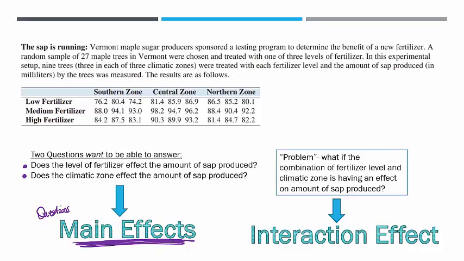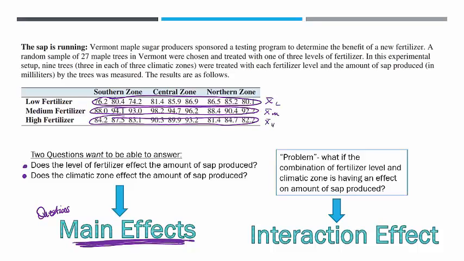And we're looking for the equality of means, but when we have essentially a crossover of two different explanatory variables, you might think to yourself, okay, just start with looking at the different fertilizer levels. So take this sample of low fertilizer levels, this sample of medium, and this sample of high fertilizer levels. Call them X bar low, X bar medium, X bar high.